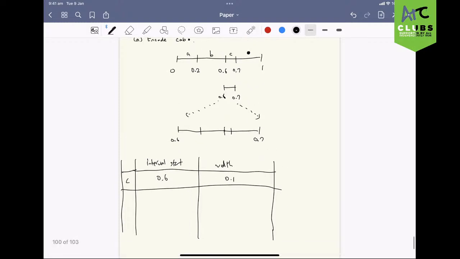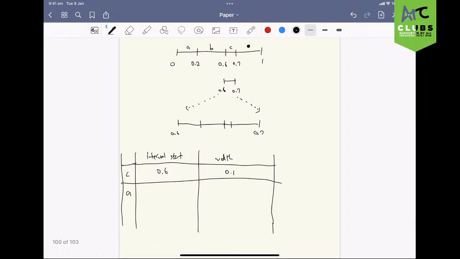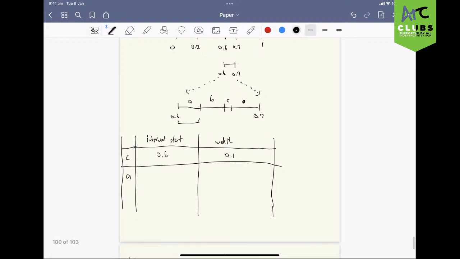For the next symbol, we want to know what this range is. We know this corresponds to ABC stop, but for this rescaled interval, we want to see what the boundaries of this interval actually are.